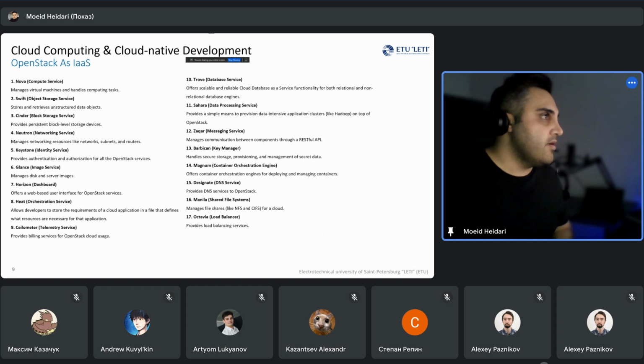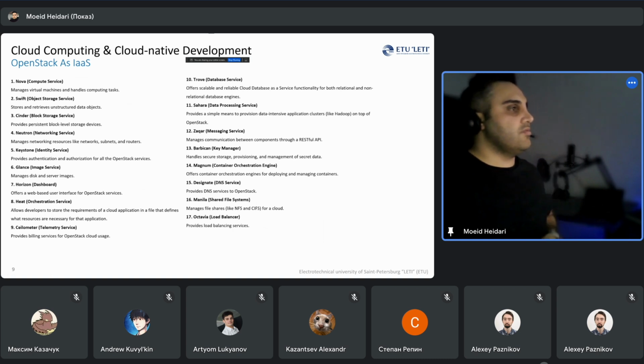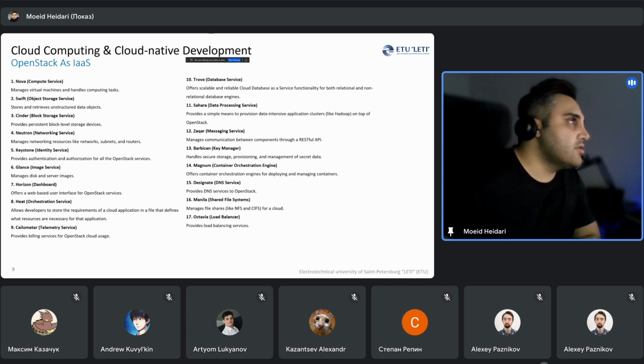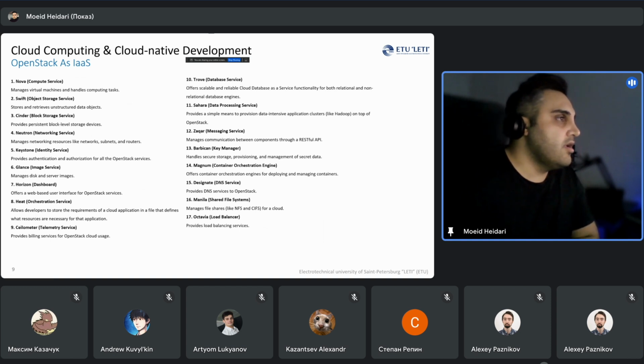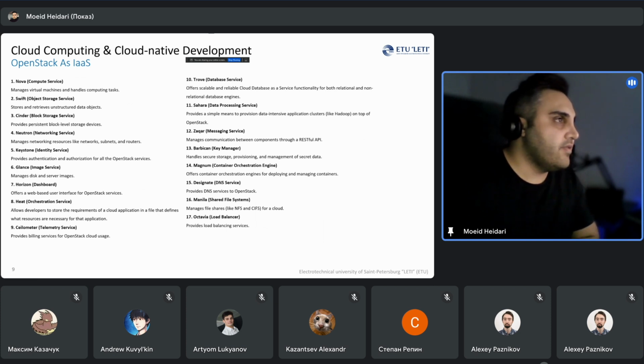Then we have Cinder as a block storage system. So I'm not going to talk about all of the components here because it would be very time consuming, but just the most important ones. Neutron, personally, I believe that after Nova, Neutron is the most important component of OpenStack because it's responsible fully for networking stuff, networking configurations, creating different subnets and routers and load balancers, floating IPs, releasing IPs, DHCP servers, and configuring public IP servers or using an IP pool.